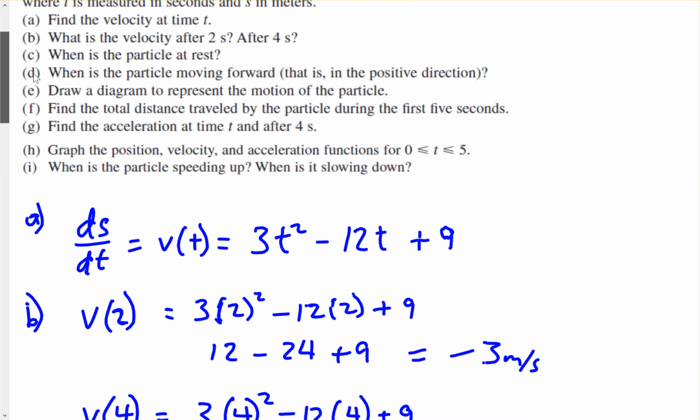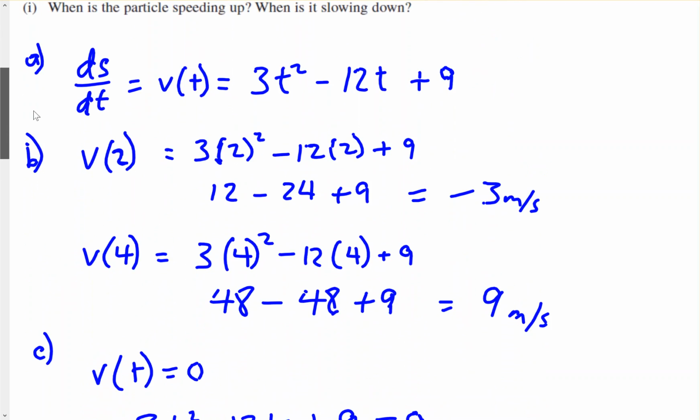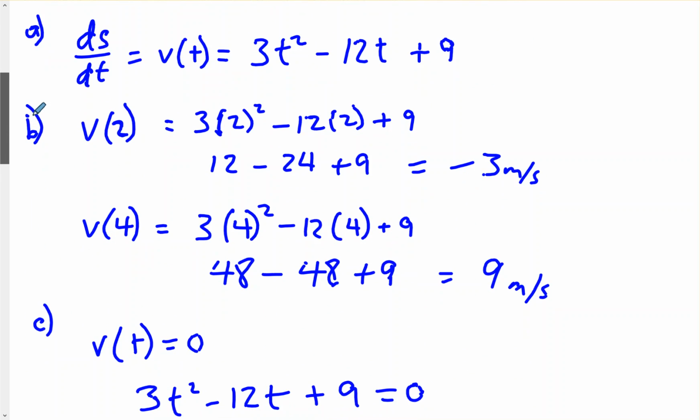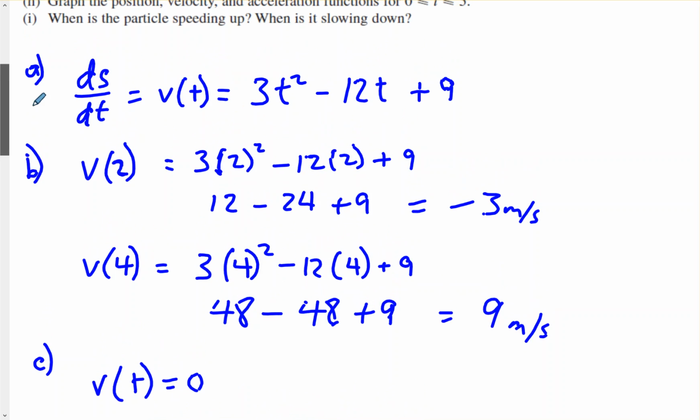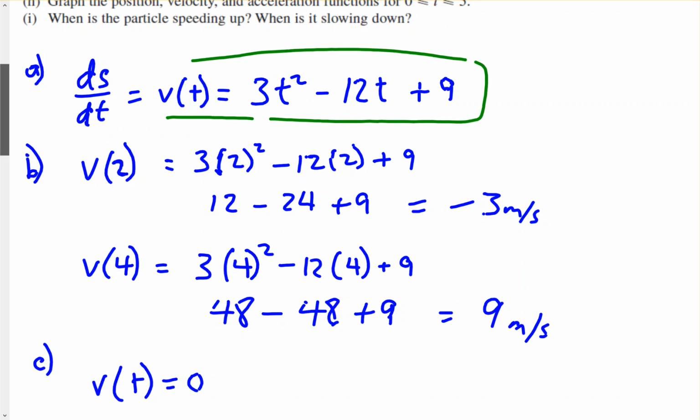Find the acceleration at time t and after 4 seconds. Okay, acceleration is going to be the derivative of the velocity. Okay, so if the velocity is this function, then we have to take the derivative of that, and that'll give us the acceleration.